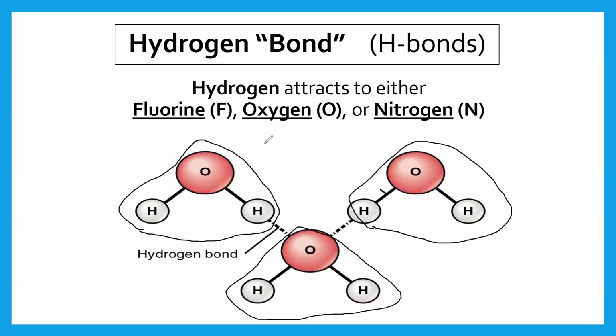If you look, we have this molecule attached to this one. And what is the attachment? An H to an O. This is a hydrogen bond between molecules. Once again, this molecule of water is holding onto this molecule of water. Where's the attachment? Between an H of one molecule and an O of another molecule. So that is an H bond, which is an intermolecular force. Very weak, but common.